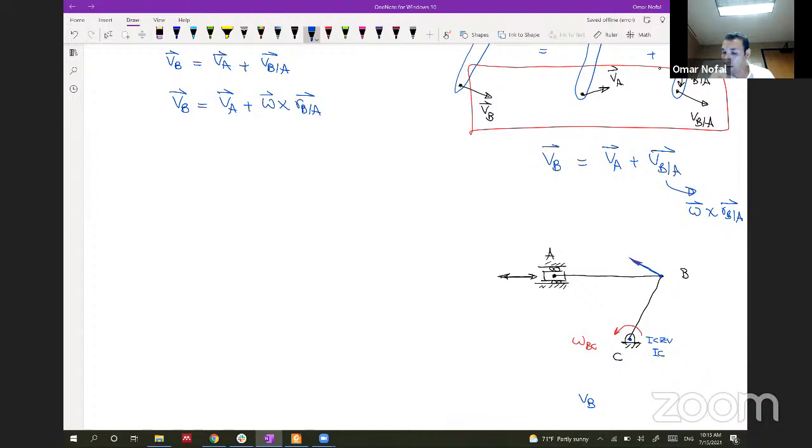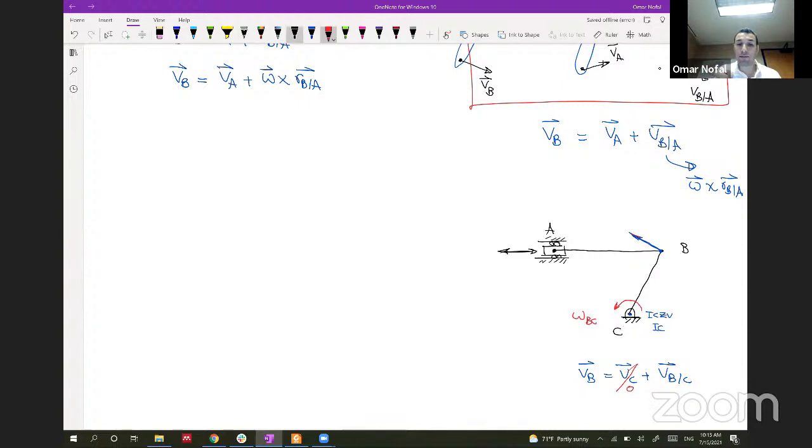So if I put VB here, it will be equal to VC plus VB with respect to C. And we know that C has a velocity of zero because it's restrained from motion. So right now, we can prove that VB is equal to VB with respect to C. As you are relating B with the instantaneous center of zero velocity, the absolute velocity will be equal to the relative velocity.